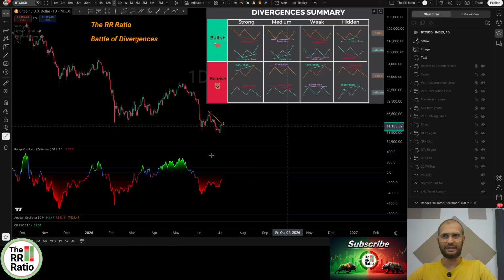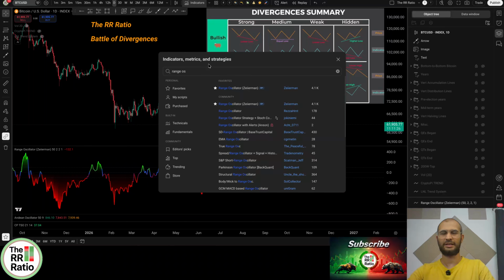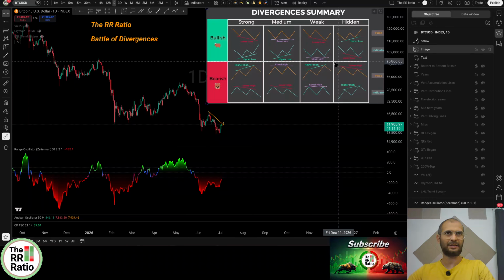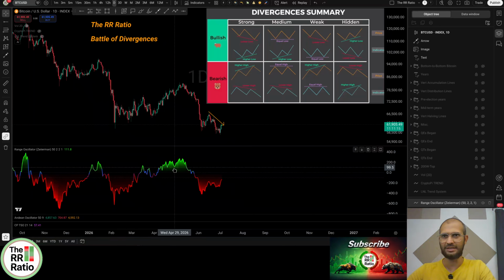And if I look at the indicator, I have added a range oscillator. You can simply click on indicators, type in range oscillator, and you will see it. It's by Ziemann. And once you add it, you see quite some nice shades of bullish trend and bearish trend.